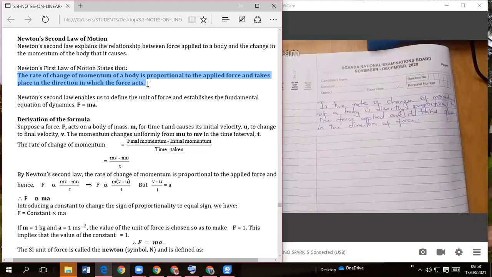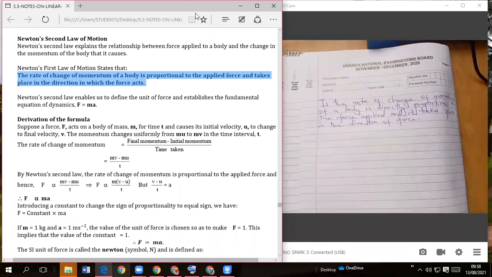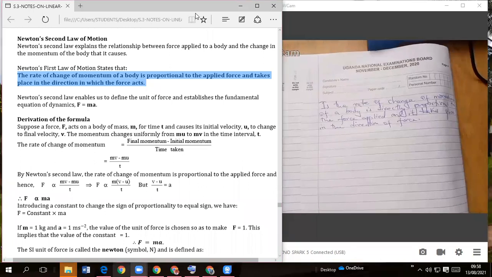Are you together, members? Who can repeat it for us? I want to confirm. Sandra, can you state for us Newton's second law of motion?